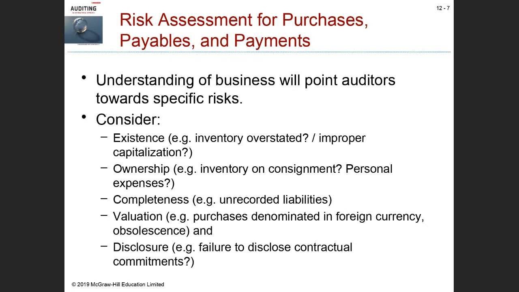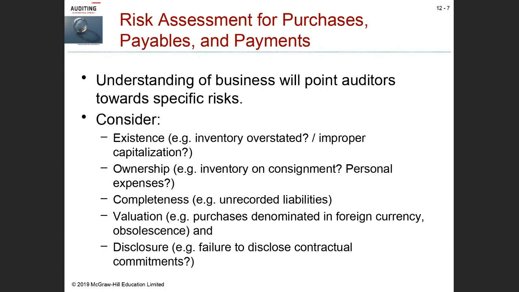Remember, inventory under IFRS is recorded at the lower of cost and net realizable value. For obsolete inventory, net realizable value might be zero. The item might have cost us $50, but we can't sell it because it's old. And so auditors are concerned about whether management has properly valued their inventory or not. Have they overlooked some of these obsolete items?